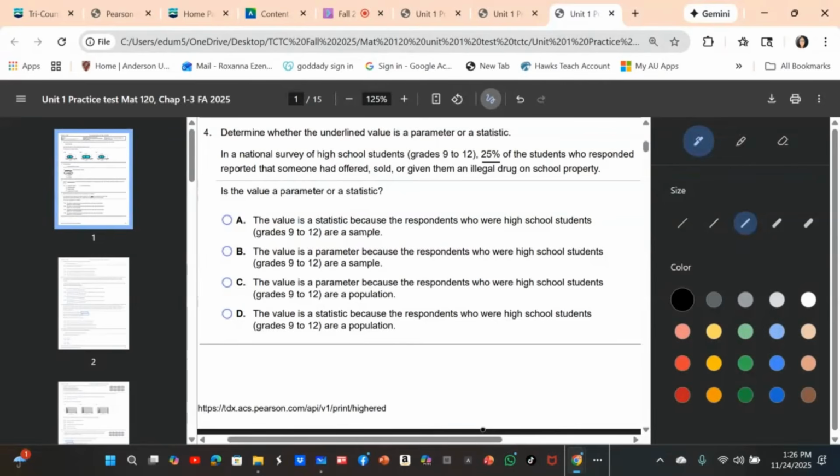Somebody needs to say that this percentage is too high or too low, and collect, say, 50 different simple random samples from different schools in America, asking whether anybody has ever sold or given them an illegal drug in school. Then we can use that to test the hypothesis on this claim with a level of significance, maybe 5%.